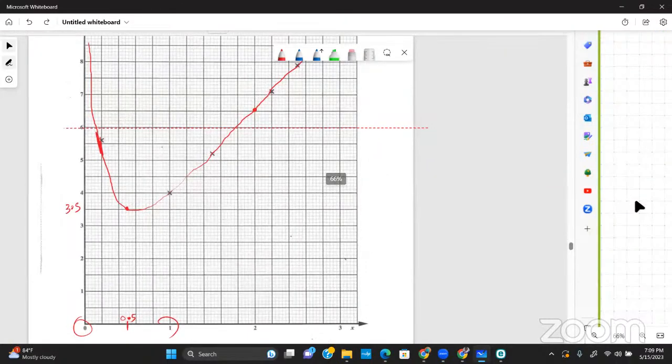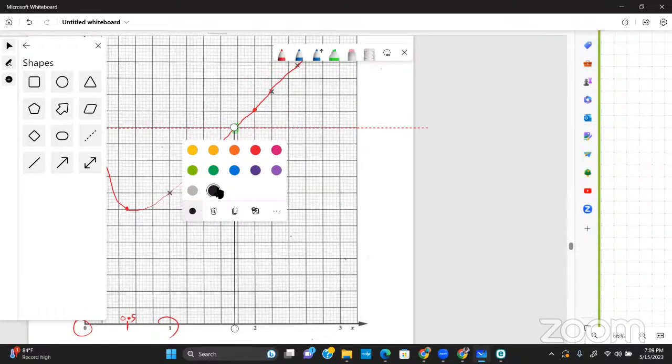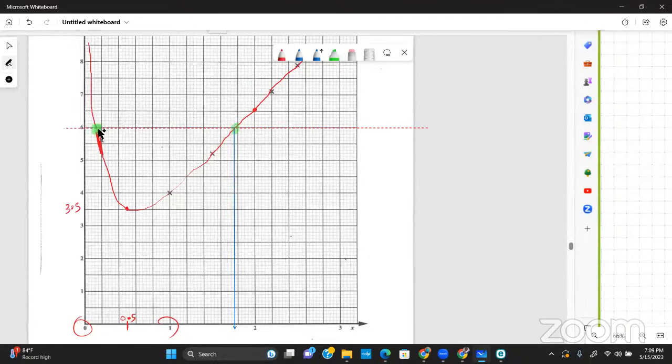All right. So what we want to do is to focus on where it touches the curve. Wherever I touch the curve, you're going to take a line and read off that number.